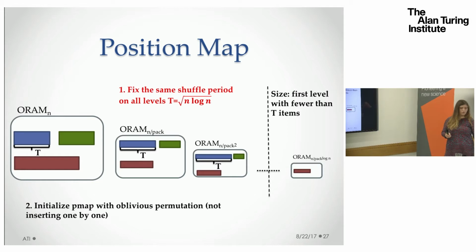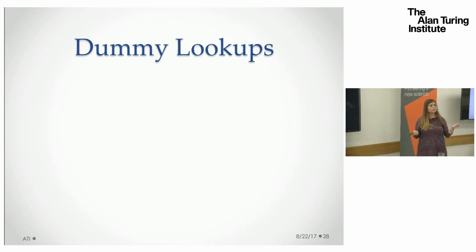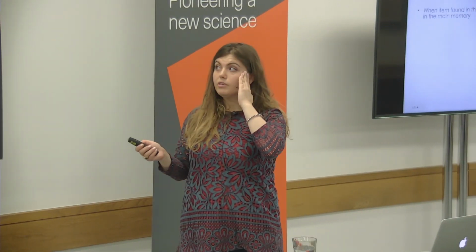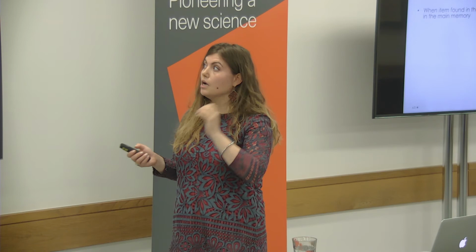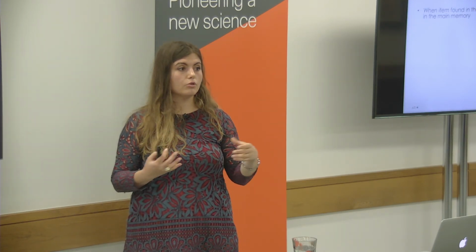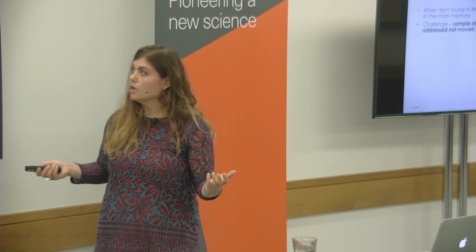OK, so I told you that the reason that the sizes of these stashes are kept the same is because of these dummy lookups. What did I tell you we will do with the dummy lookups before? Because we no longer have these dummy items, we are forced to select one of the unused items. However, when we need to do it as two-party computation, you have several options.